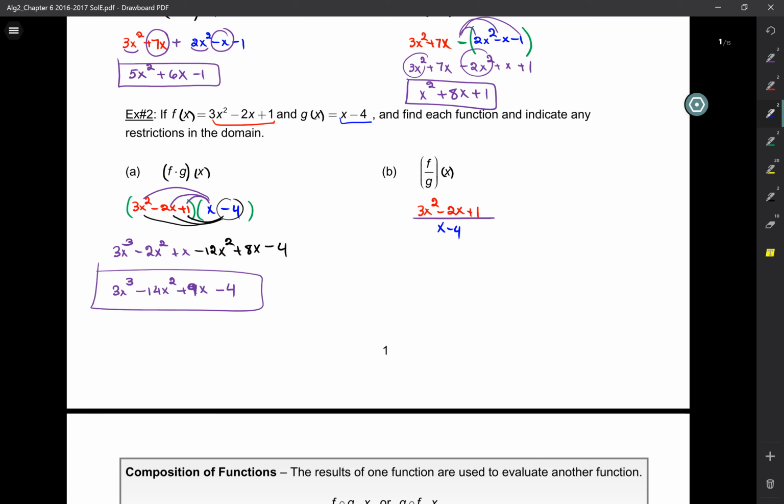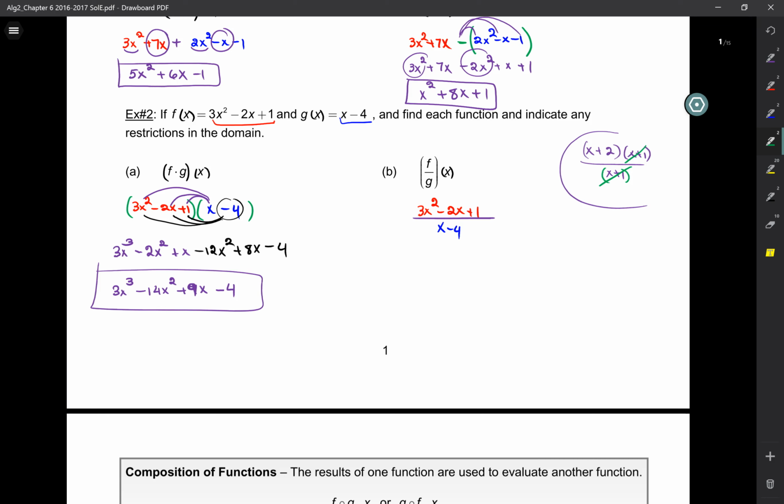So for example, suppose you had a completely different set of functions, right? And suppose on the bottom you had x plus 1, and you factor the top and you get x plus 2 and x plus 1, right? Can you now cancel out the x plus 1s?